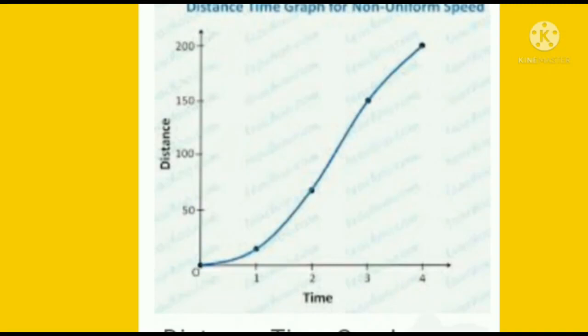So, the non-uniform motion distance-time graph is always a curve because the velocity is continuously changing.